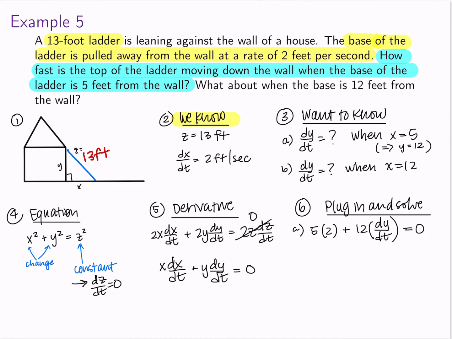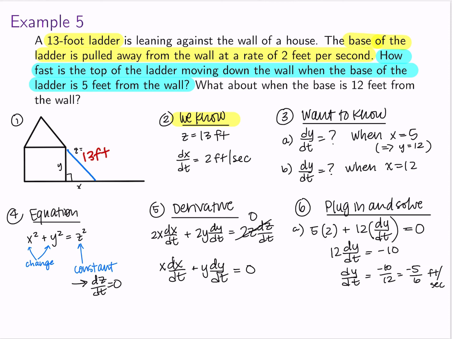All right, so now I just solve for dy/dt. So 12 dy/dt is negative 10. So dy/dt is negative 10 over 12, or negative 5 over 6. And the rate is in feet per second.